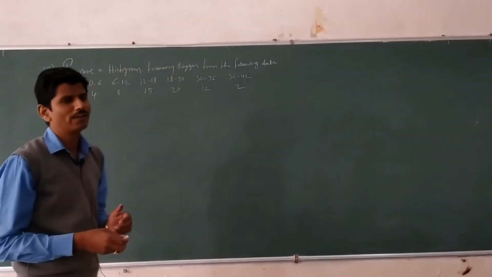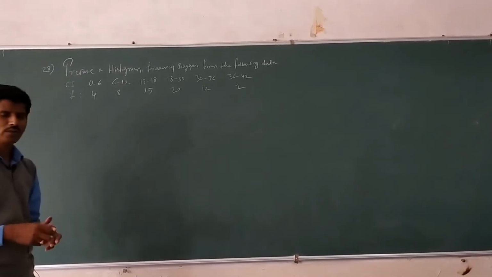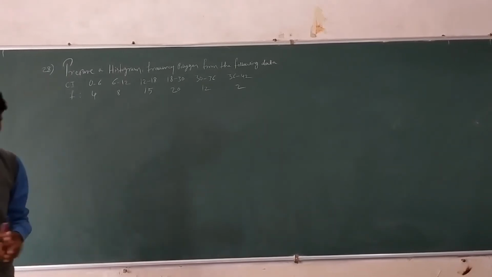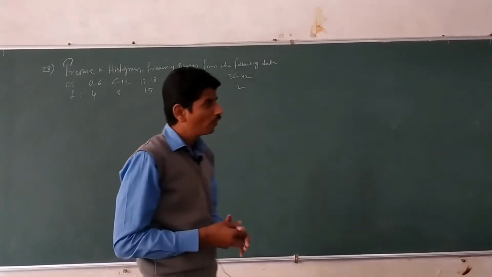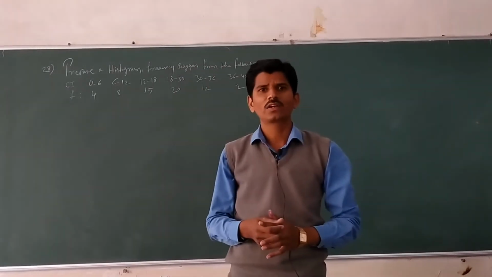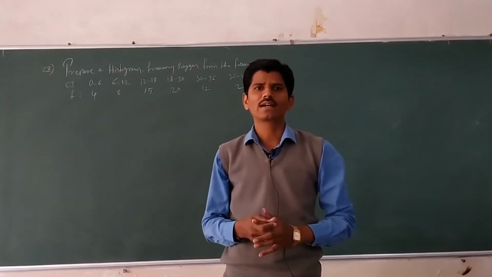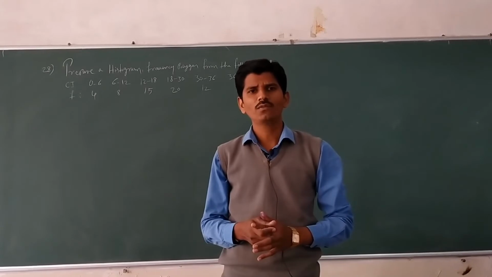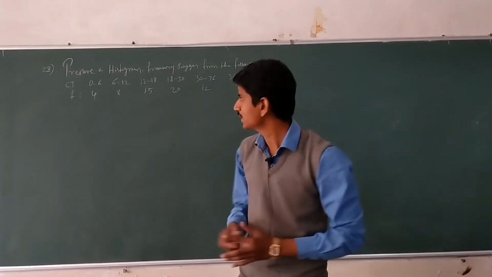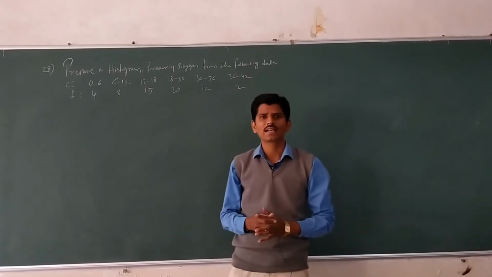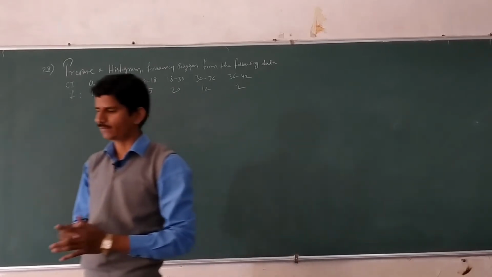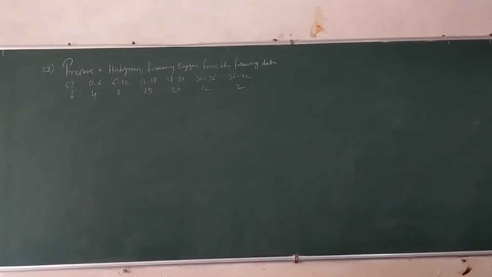Here you have to find the frequency density. What is the frequency density? It is the ratio of the class frequency to the width of that class interval. Here you have to find the FD values, frequency density values.